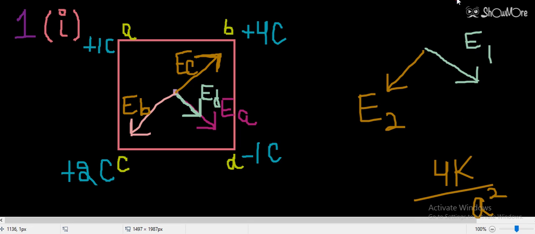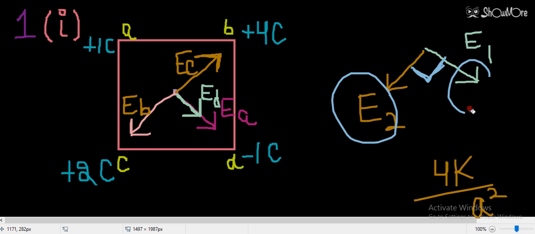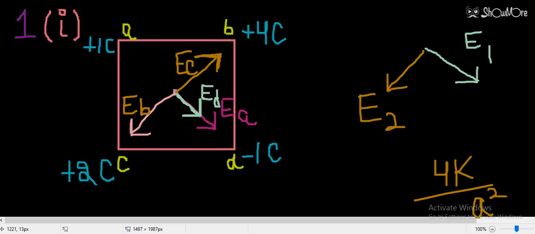Now two fields are there having the same magnitude, and the angle between them is 90 degrees. Whenever there are two equal magnitudes and the angle between them is 90 degrees, you can use the parallelogram law. Here I am writing ER, which is the resultant.